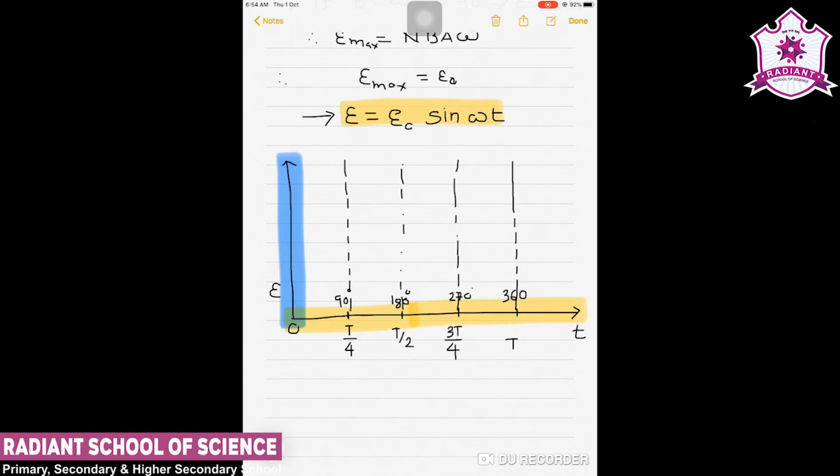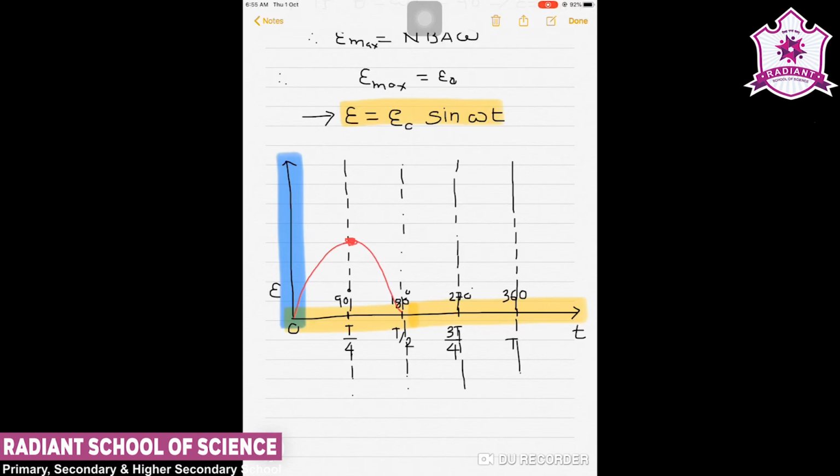So at a certain level it increases, at a certain level it starts decreasing. So from 0 to 90 obviously it will increase. Now from 90 to 180 it will decrease. At 90 degree it achieves the maximum value, and at 180 it becomes 0.